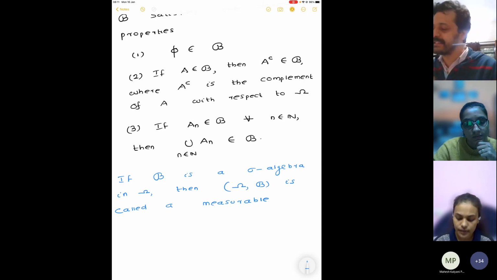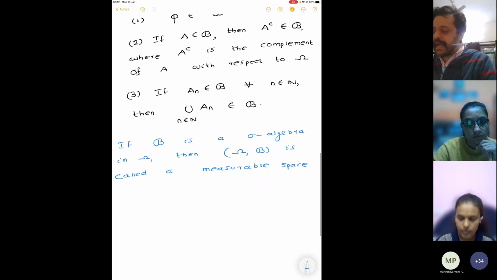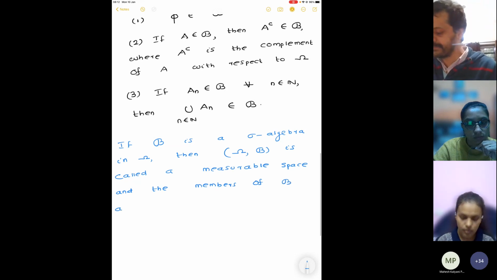So it is always better to compare and contrast and study; that's my view. Okay. And the members of B are called measurable sets.